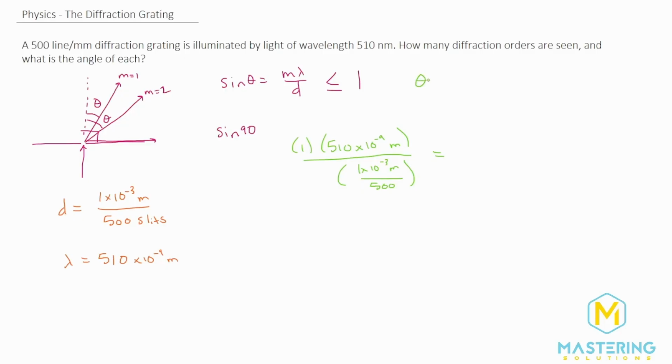But to find theta, we need to take the inverse sine of m lambda over d. So we can take this and take the inverse sine of it, and that'll give us the angle. Let's write it down here for right now. 0.255 is our m lambda over d. Now, I think it's easiest to do it this way because in your calculator, I'm not going to write all of them, but you can have 2 times 510 times 10 to the negative 9 divided by d, and then 3.